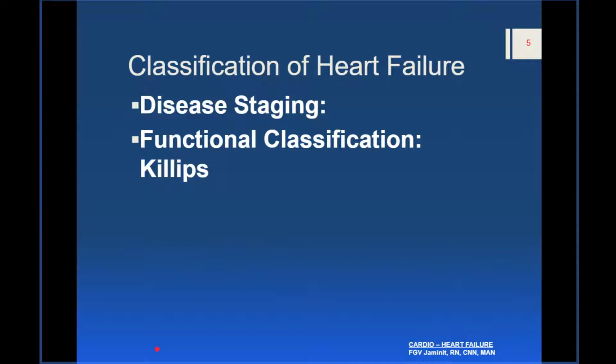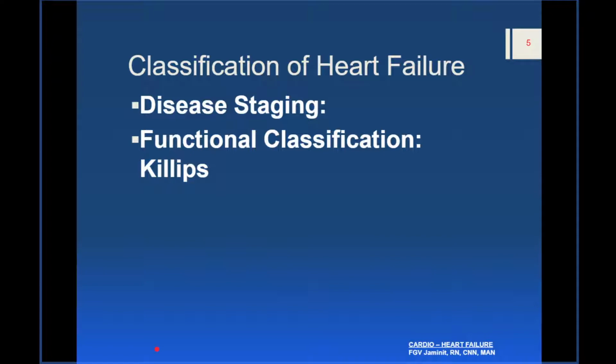Kumbaga yung heart disease is classified into four classifications: class 1, class 2, class 3, and class 4. Yung class 1, by the way, all of those classes involve cardiovascular disease, no? Kapag class 1, it is known that the patient is having cardiovascular problem. However, there would be no limitation in terms of the functional ability. Ibig sabihin, yung pasyente can still perform all of the activities of daily living without difficulty.